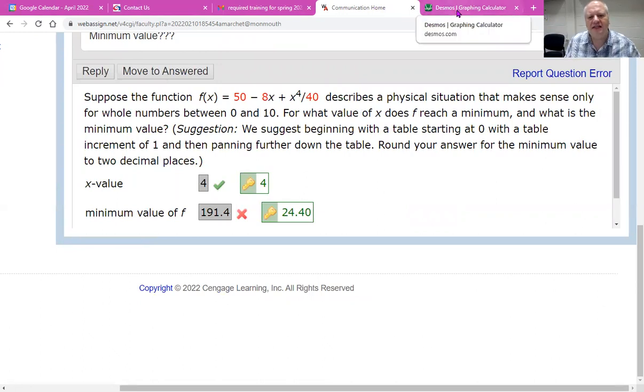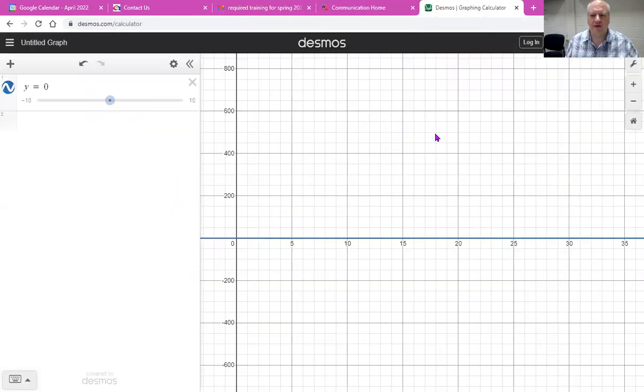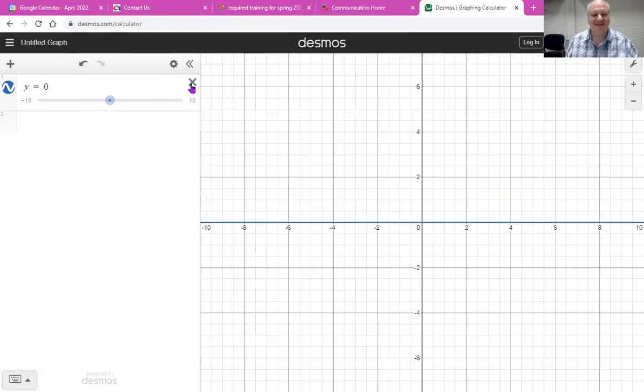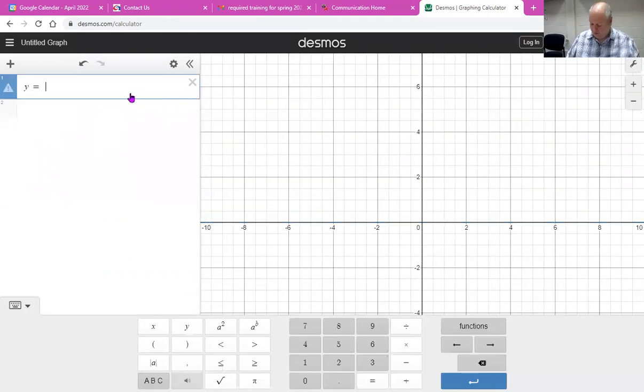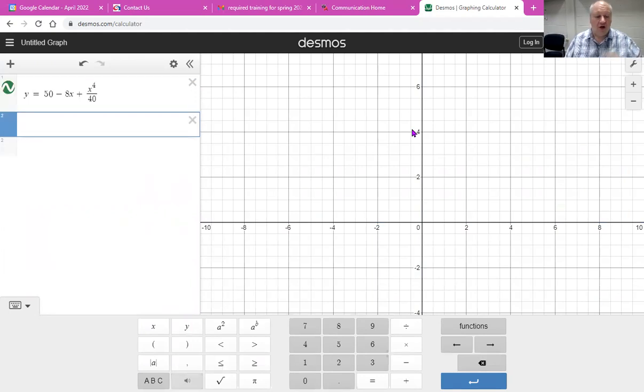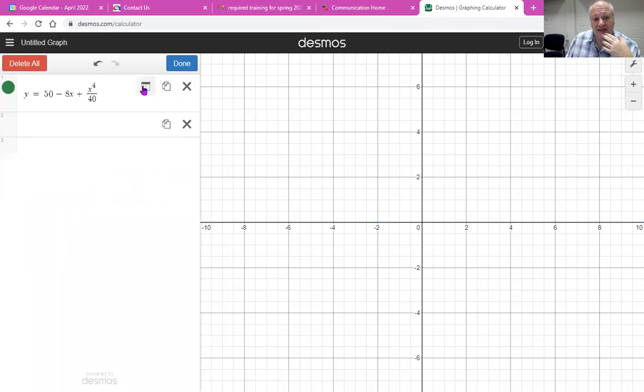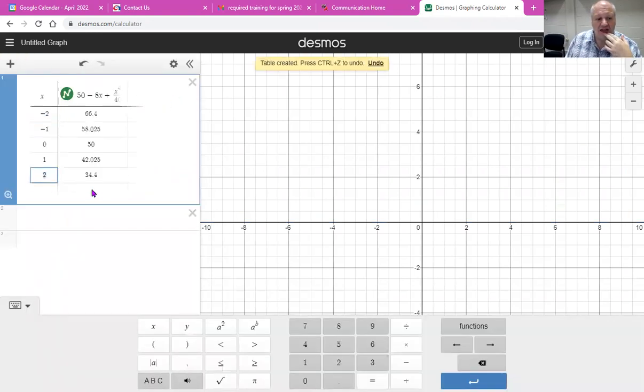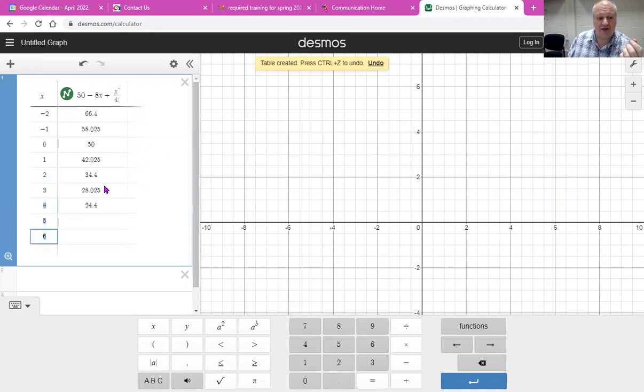The function is 50 minus 8x plus x to the 4th over 40. When I click this, the next thing I could do is click the gear and get the table and start looking at all the values. You can just click onto it and enter a whole bunch of times.